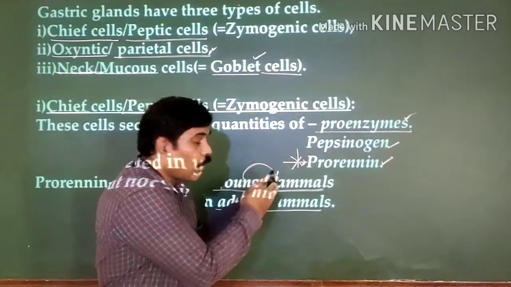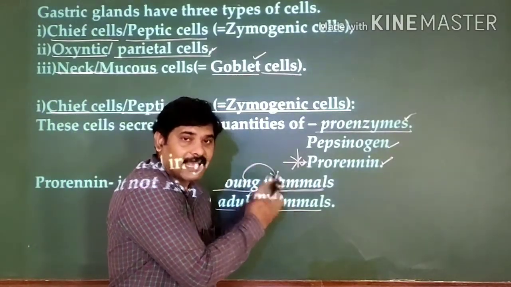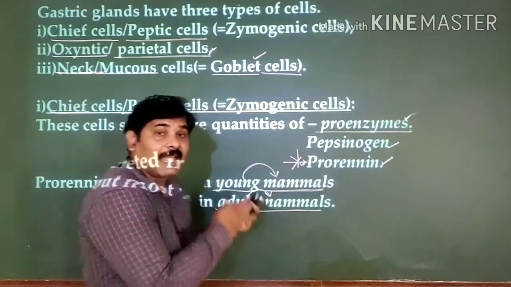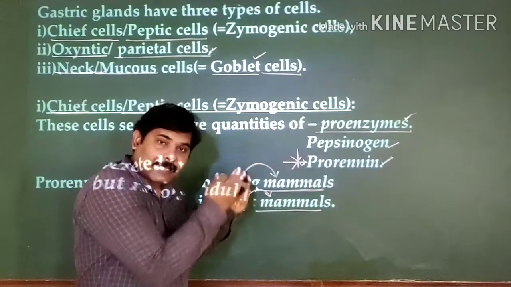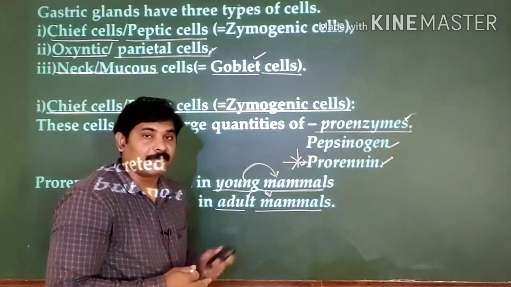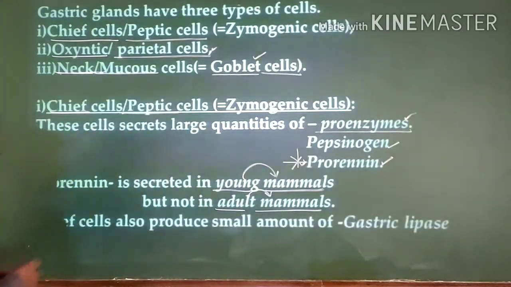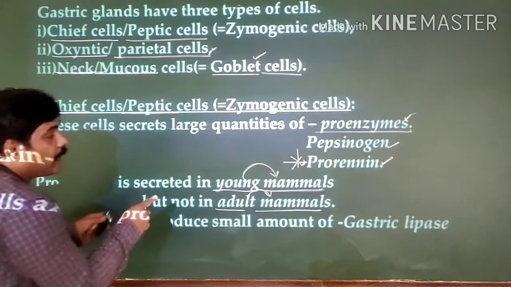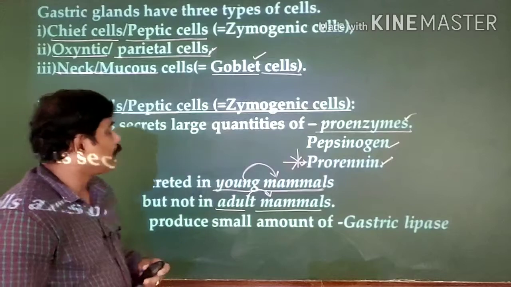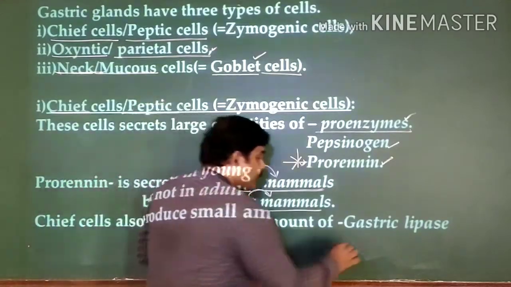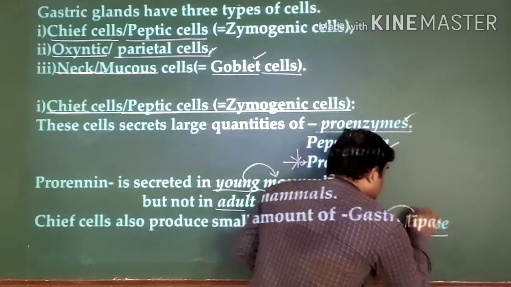When you see all these cells, as I said, they are all present in the gastric gland. I will give you the structure of the gastric gland and all the cells also. Next to that, apart from this, the chief or peptic cells produce gastric lipase.